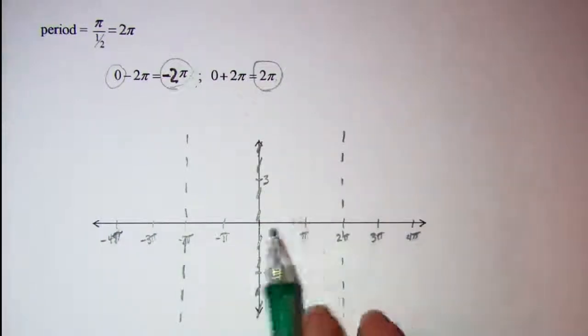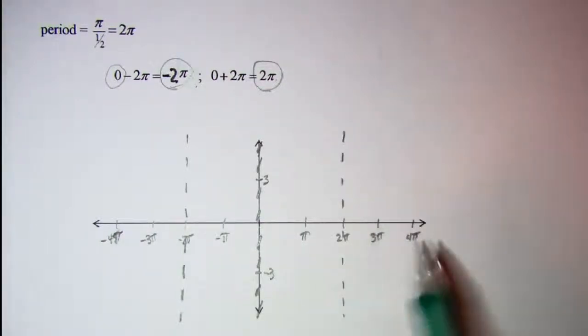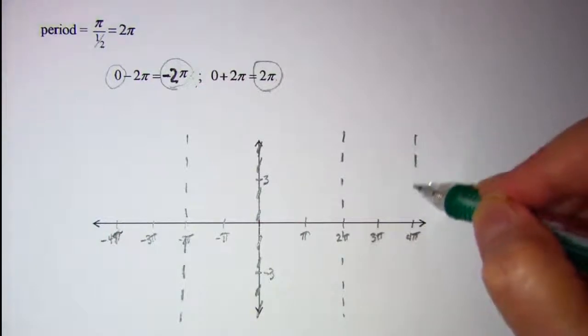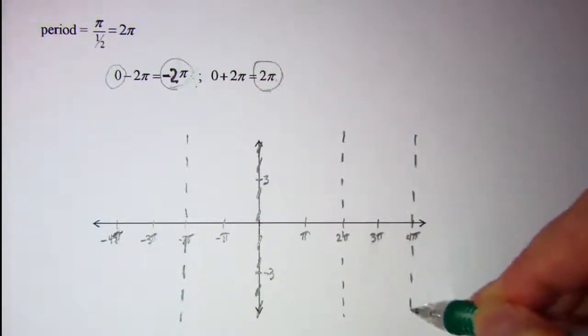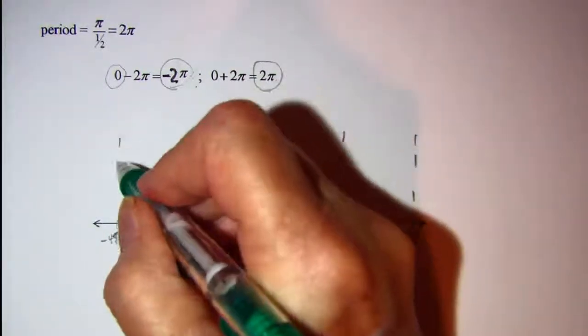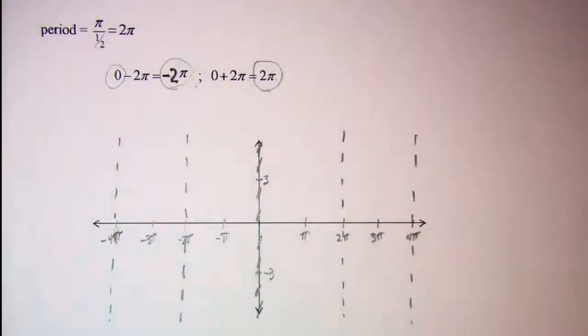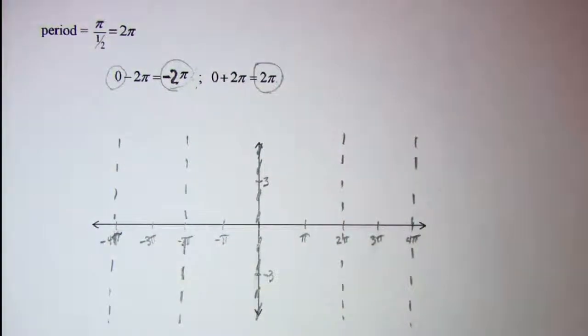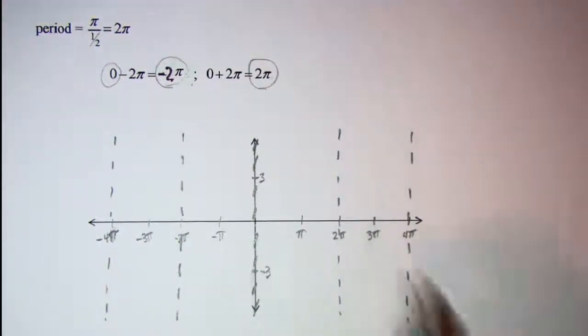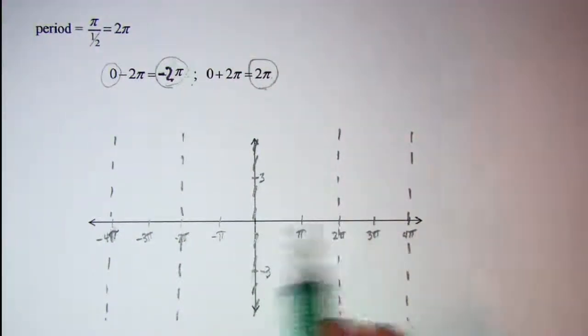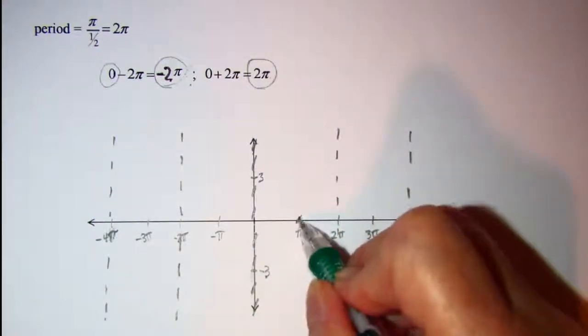Our period is 2 pi, so we can go ahead and draw a vertical asymptote at 4 pi and negative 4 pi as well. Between the two asymptotes, we have our 0 value.